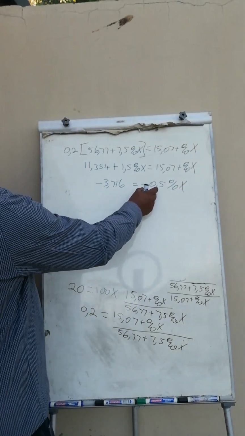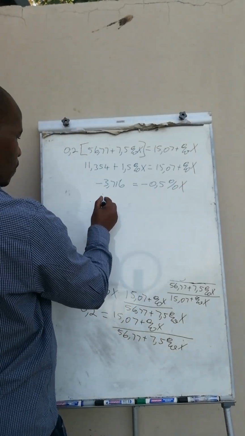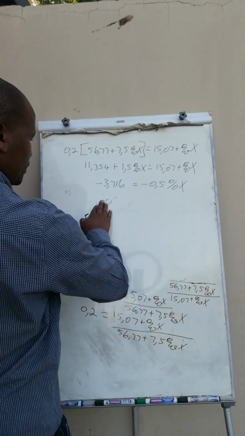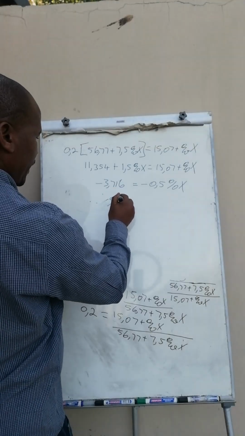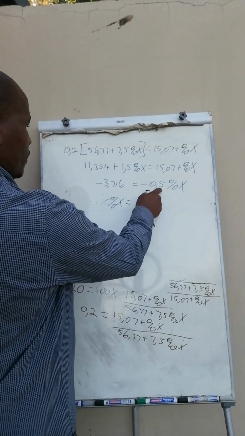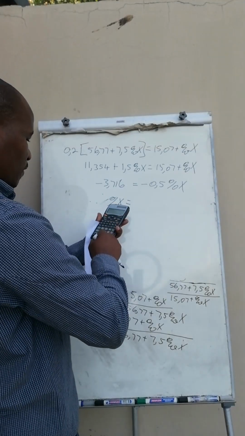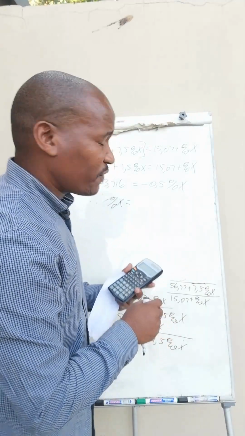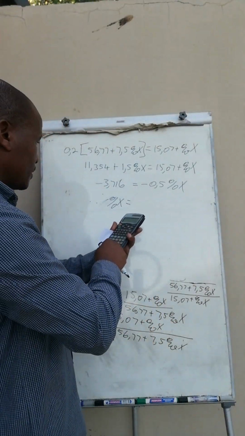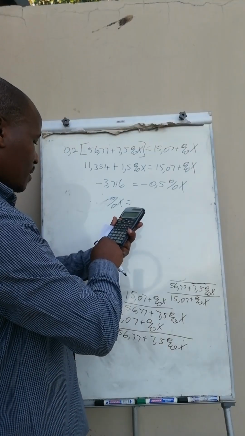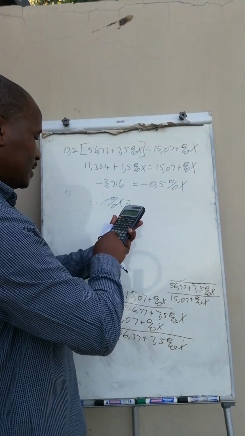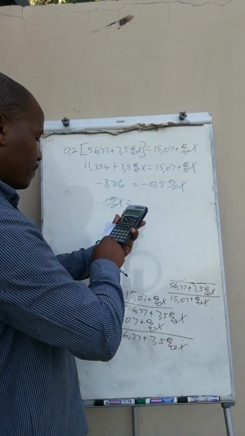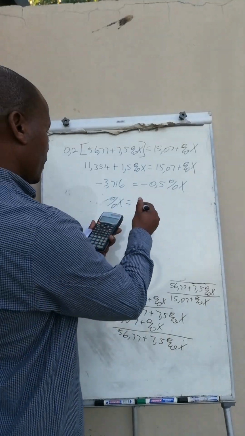All right, we can therefore say percentage x is equals to what? We just want to make x the subject of the formula. Let's say negative by negative is positive. Okay, so it's 3.716 divided by 0.5.